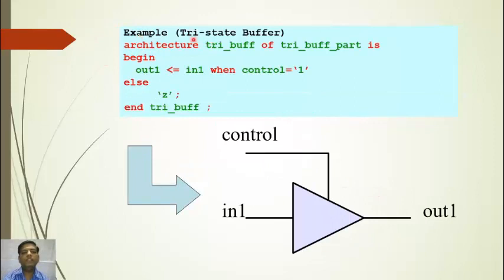Example, tri-state buffer. Example for tri-state buffer. Here architecture try_buff of try_buff_part is begin out1 is equal to in1 when control is equal to 1. Begin out1 is equal to in1 when my control signal is equal to 1.